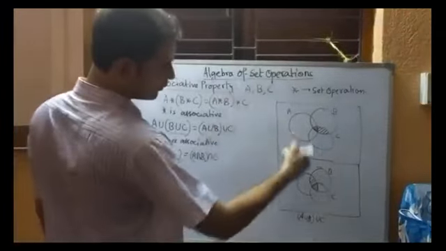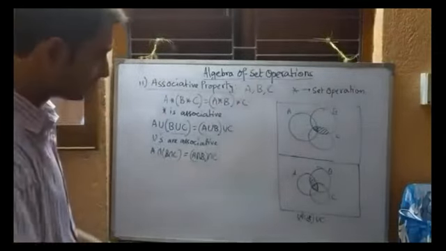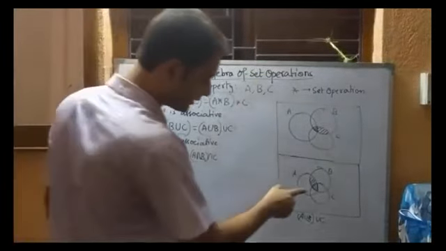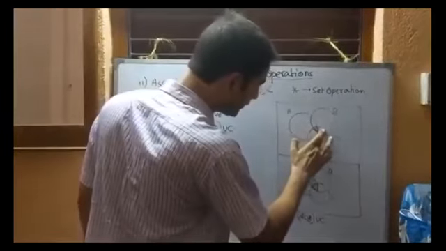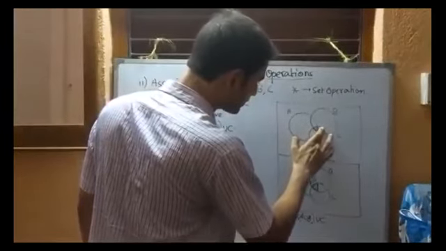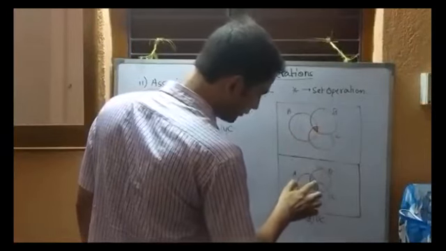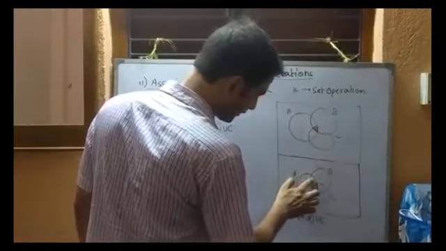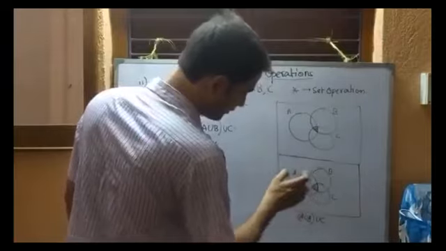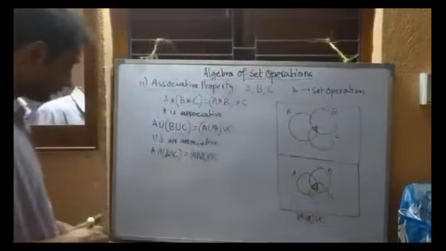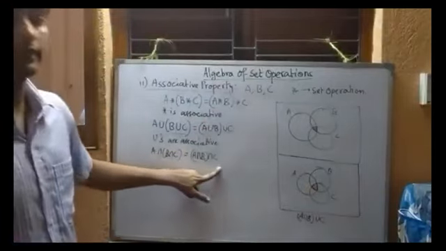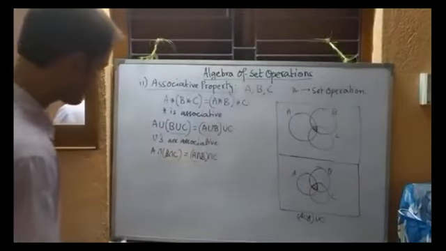So both the Venn diagrams are giving the same region. I mean the double shaded regions are the same. So we don't include this part in either one. Now both the regions are the same. So we can say that intersections are also associative.